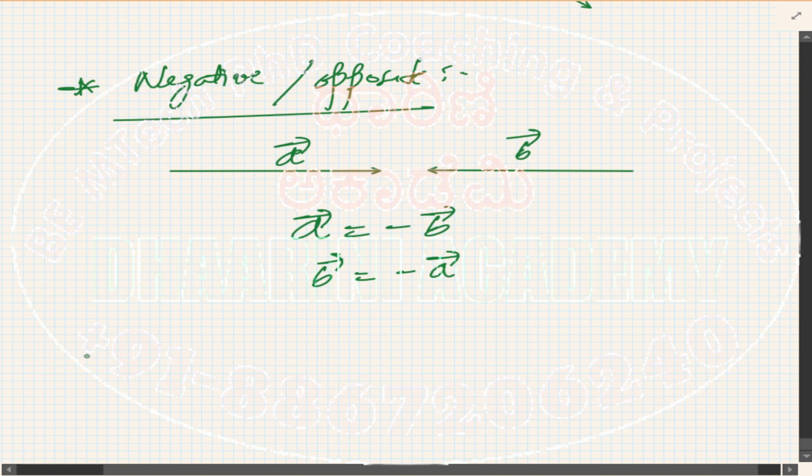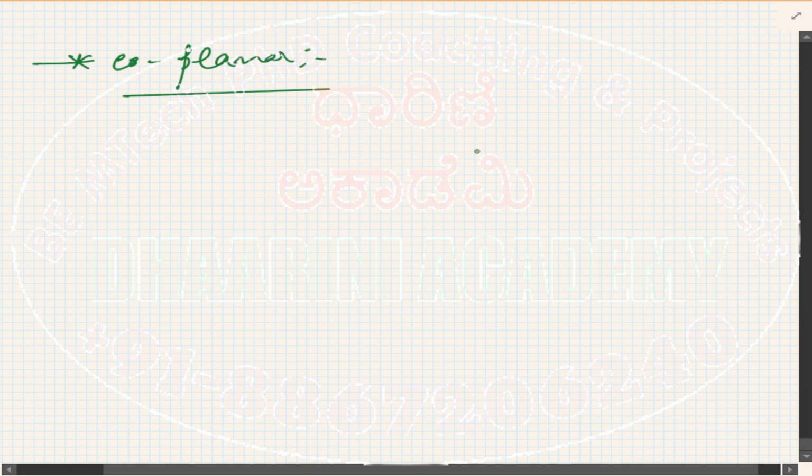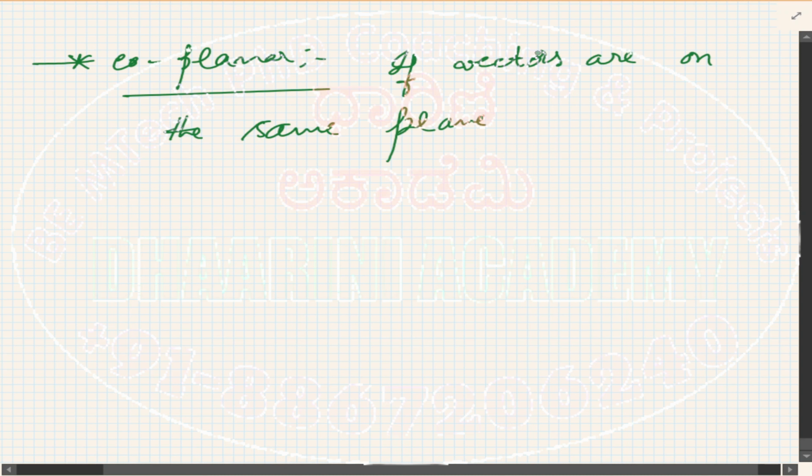Okay, then we have coplanar vectors. So two vectors are said to be coplanar if the vectors are on the same plane, right?